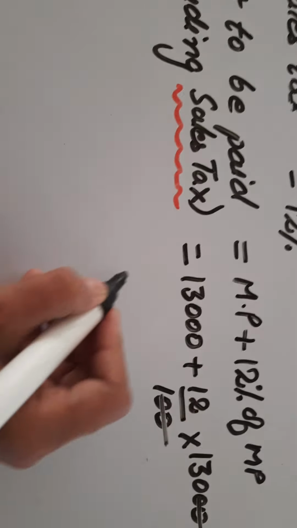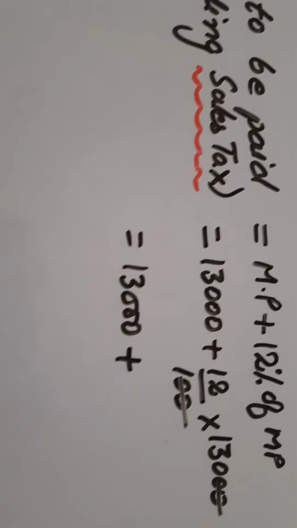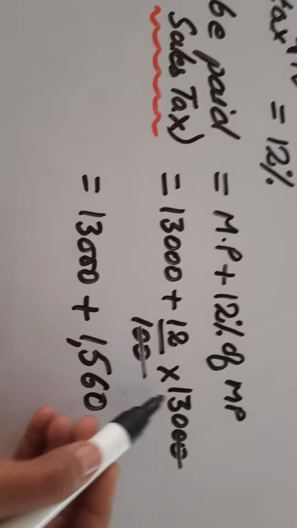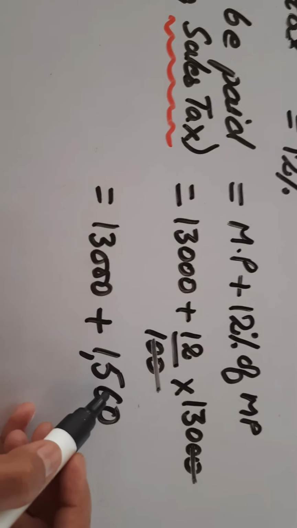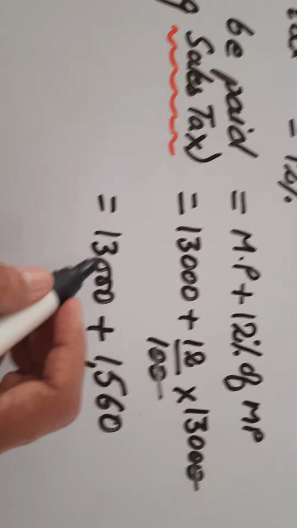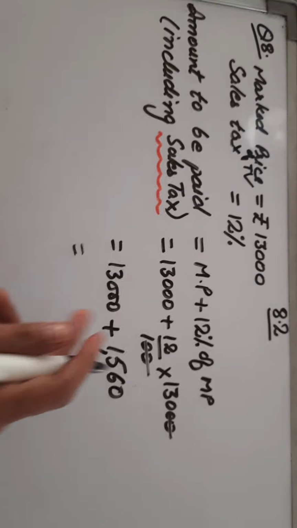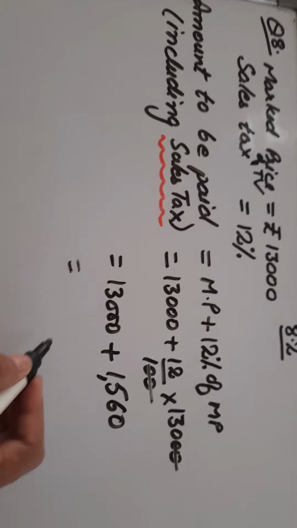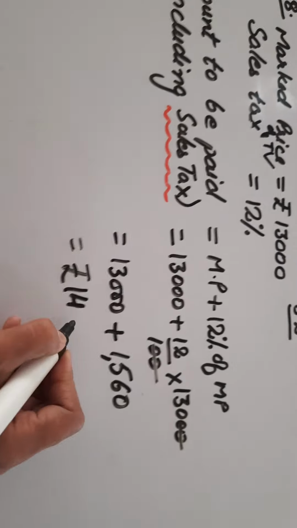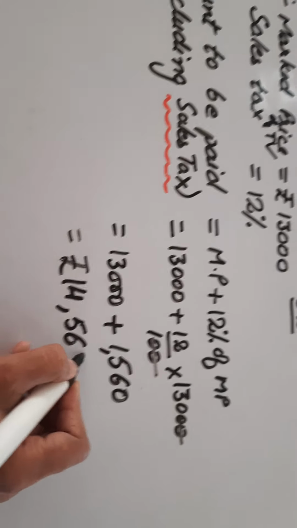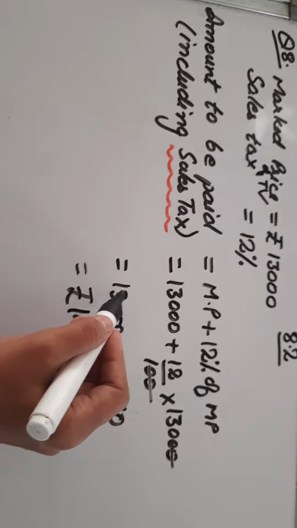By multiplying this, we'll get 1,560. So this is the tax which is going to be added to the marked price. After adding this tax, the cost of the TV will become rupees 14,560.